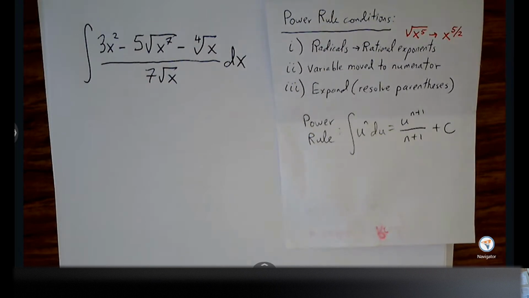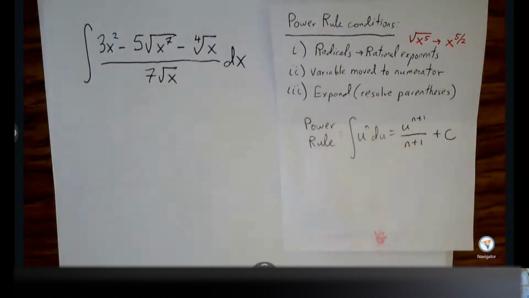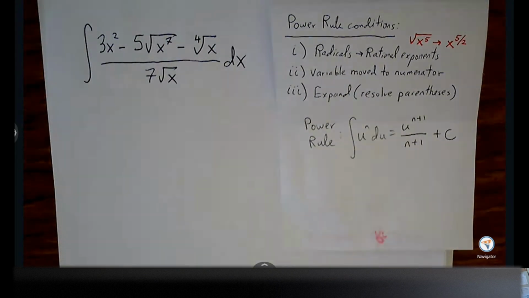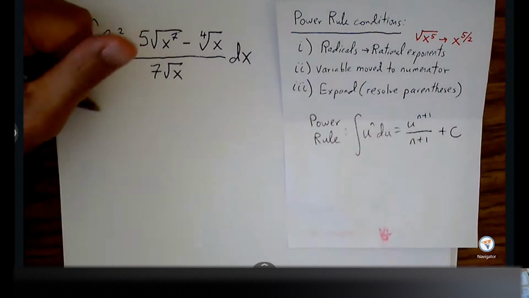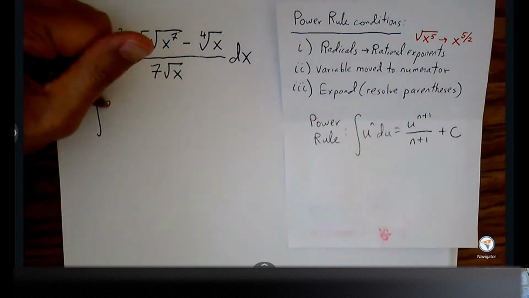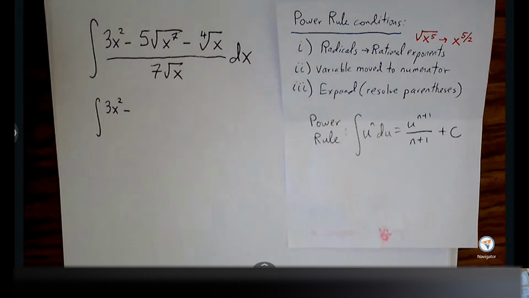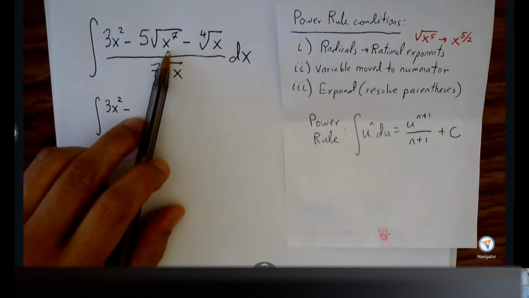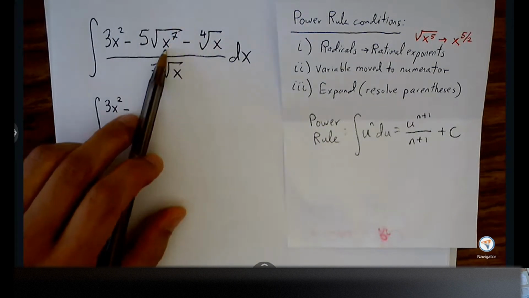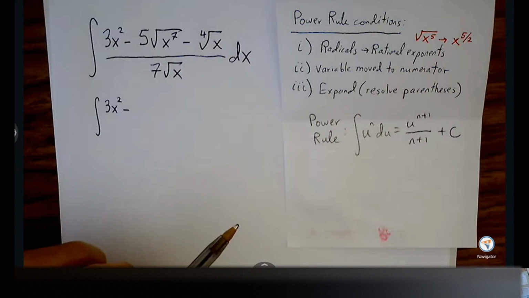All right, so Daniel, what do you see that we can do here to get it ready for power rule? So how would you rewrite all these roots here? Squared minus 5x minus. Right. What's this in terms of a rational exponent? 7/2.